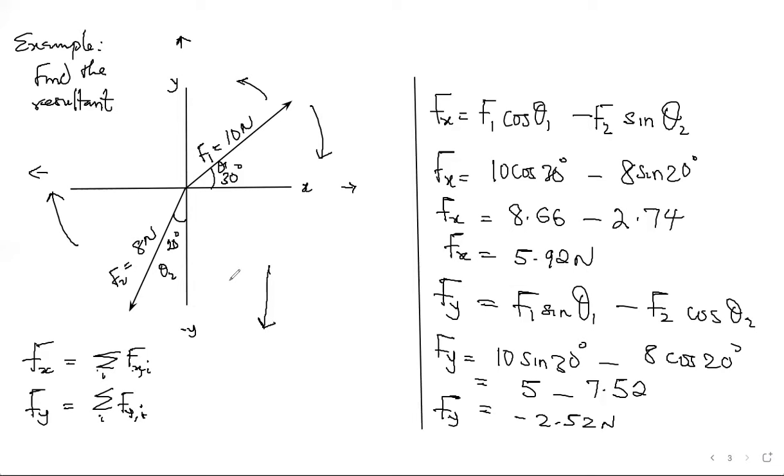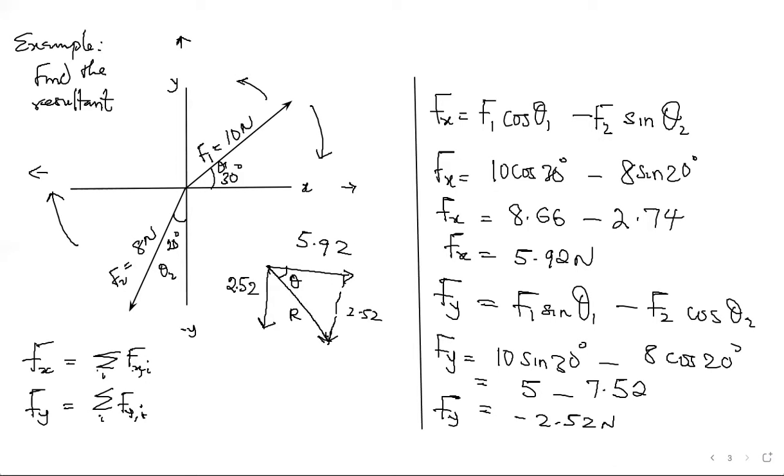So I have 2.52, and the x points towards the positive x, like that, 5.92. So the resultant will point like that, as we planned previously. If I put the direction there and complete this triangle, this should be 2.52, then I can determine the resultant R.